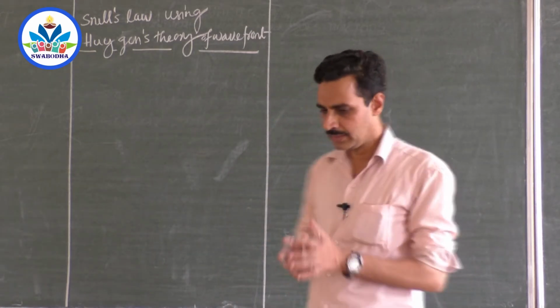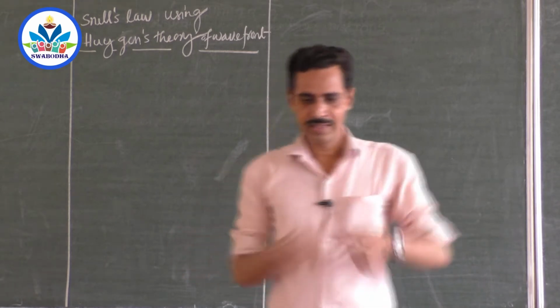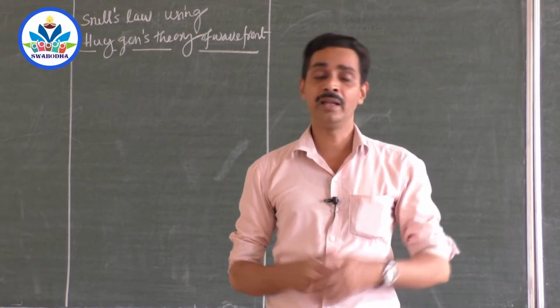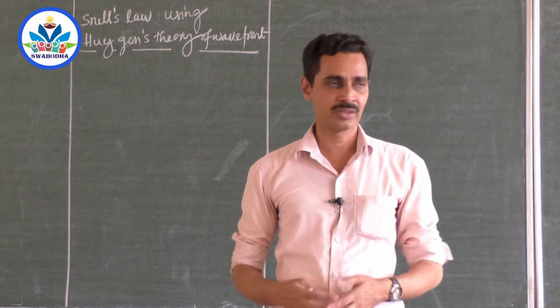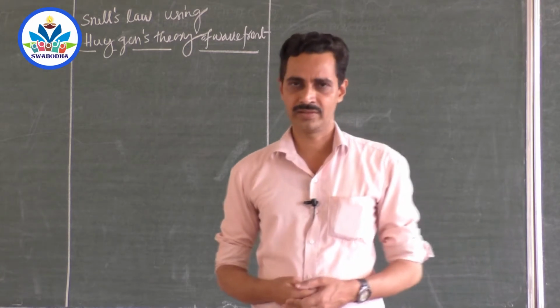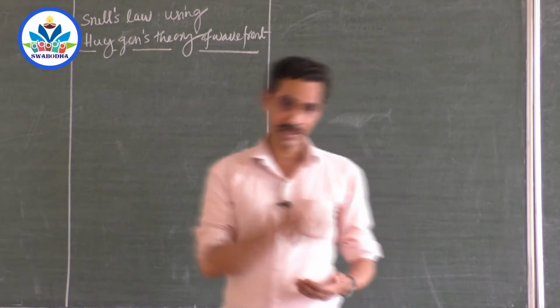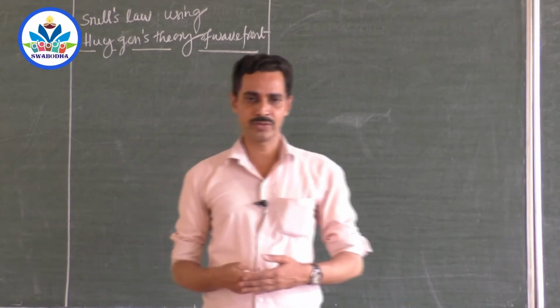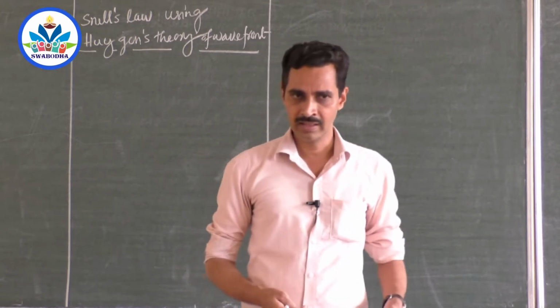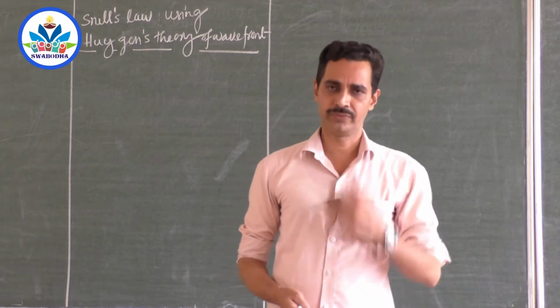A point source emits a spherical wavefront, a linear source emits cylindrical wavefronts, and any source at a very large distance gives plane wavefronts. The rays we receive from the sun are parallel rays, which is equivalent to a plane wavefront.